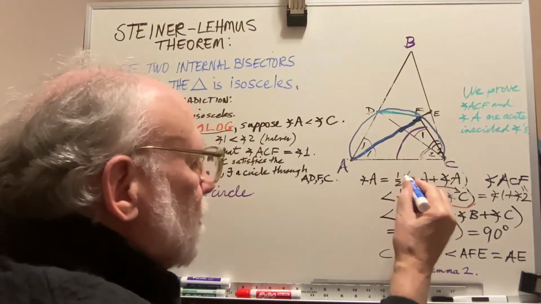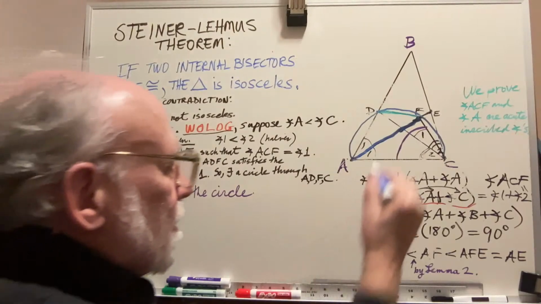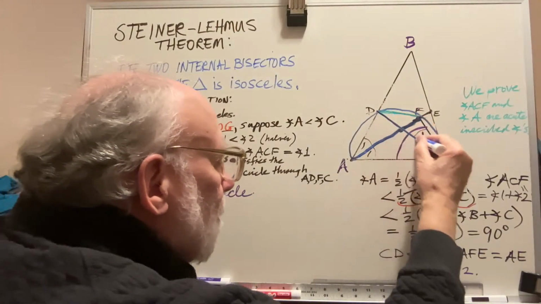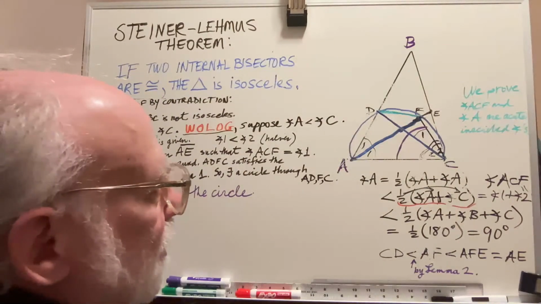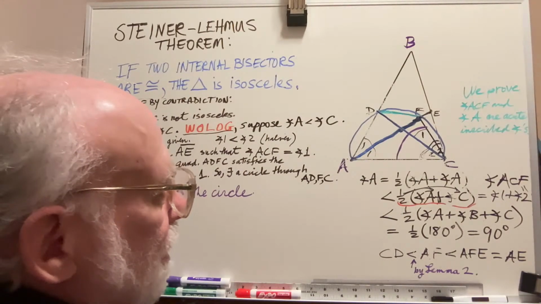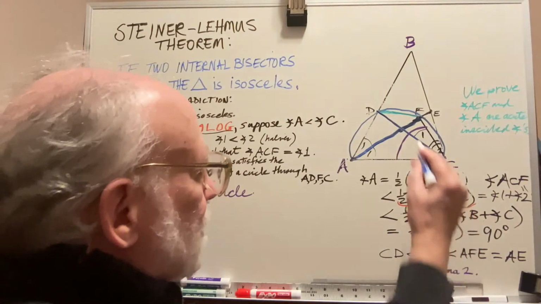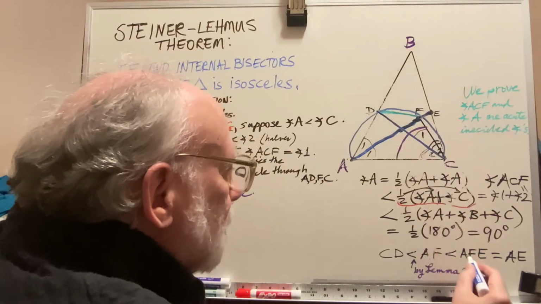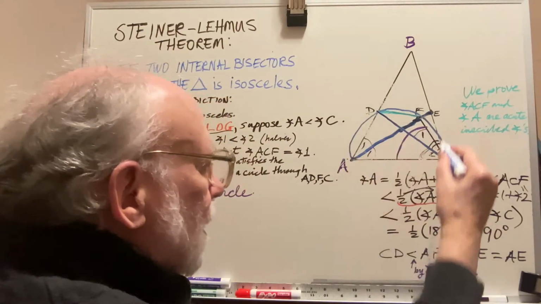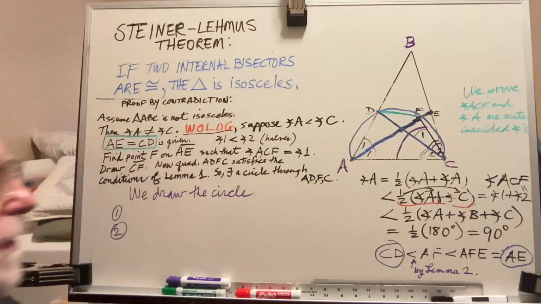That's by lemma 2. Lemma 2 says that the subtended chords have the same order of inequality as the size of the acute angles. But AF is less than AFE, which goes all the way out to the triangle. But AFE is AE. So we have that CD is less than AE, but that's a contradiction.